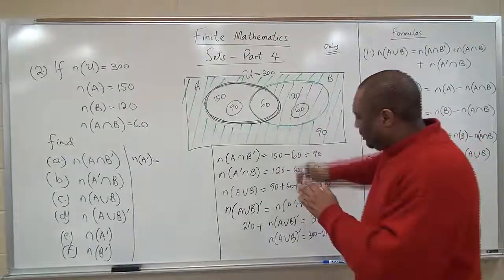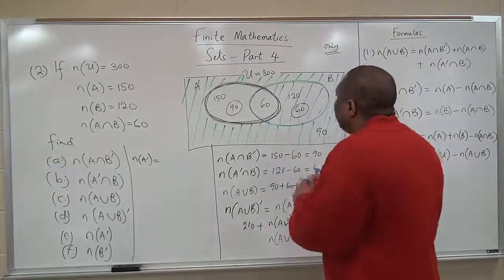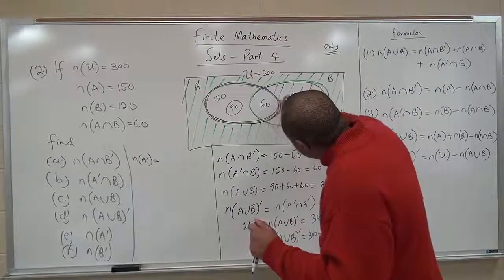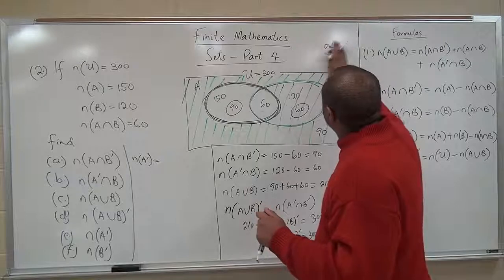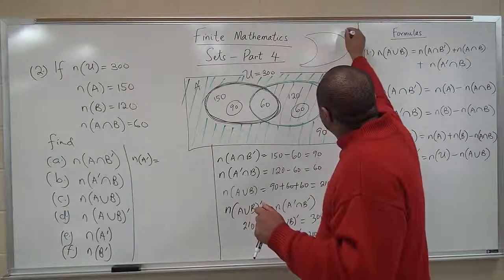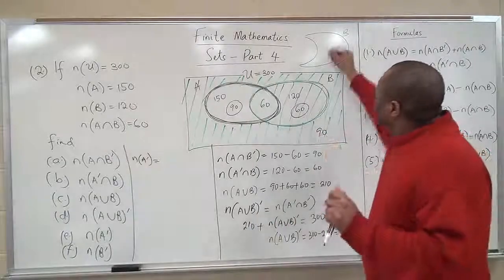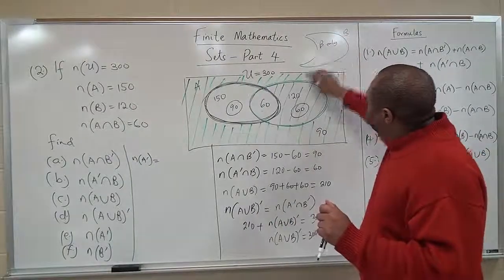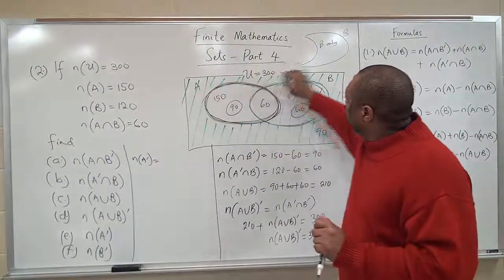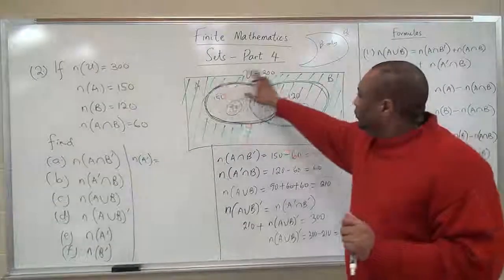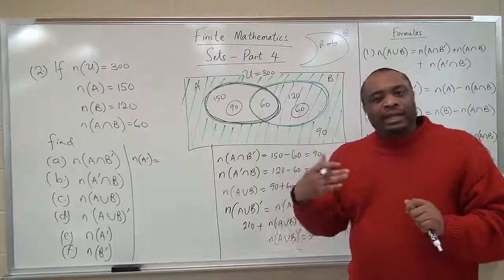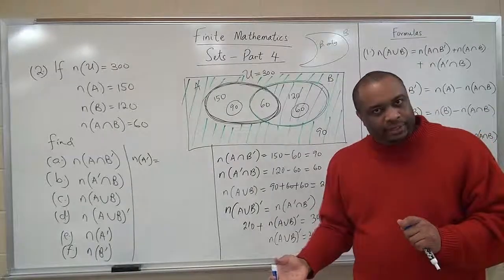You only put B only, which is 60, and then those outside, 90. So A prime means everything in the universal set that is not in A.